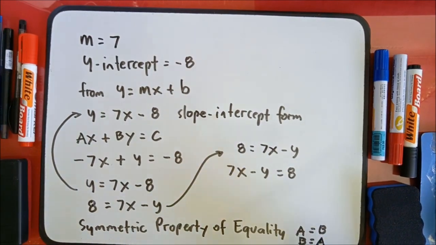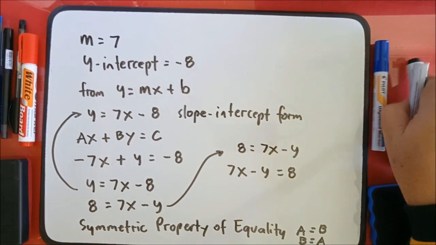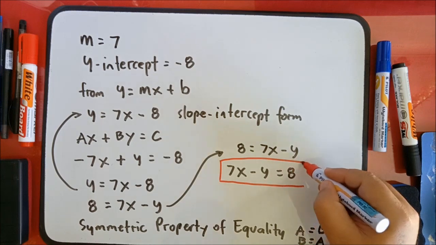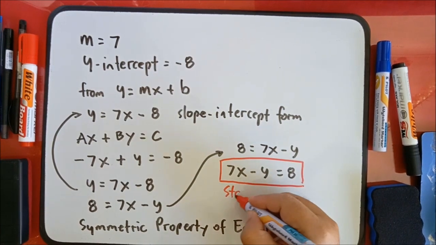Symmetric property of equality. Now, therefore, this will be your standard form.